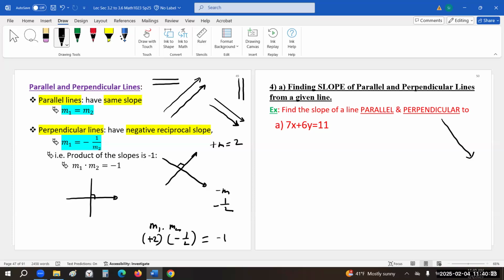Which trick did I use? How do I know from this format that it's going to have a negative slope, a decreasing line?